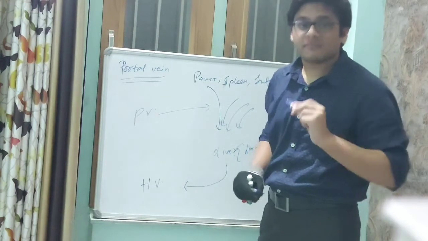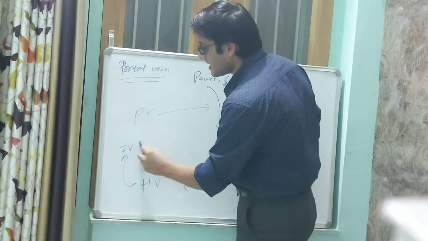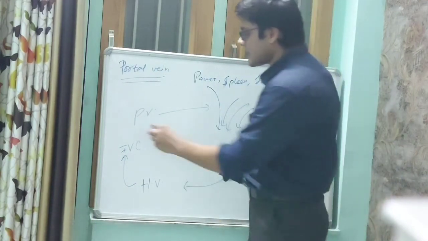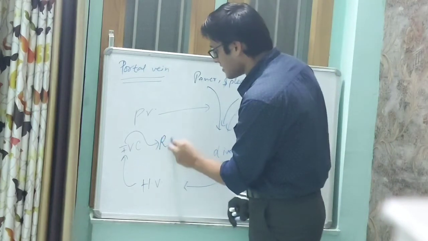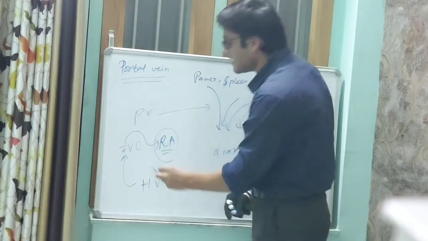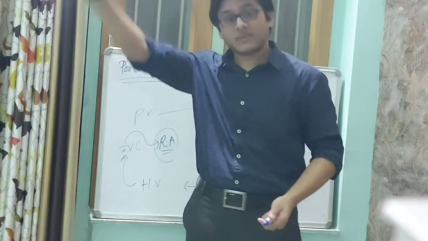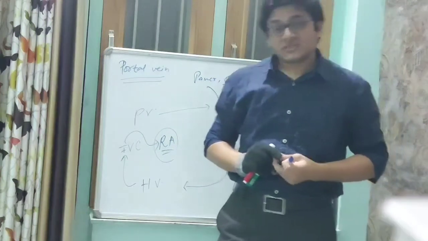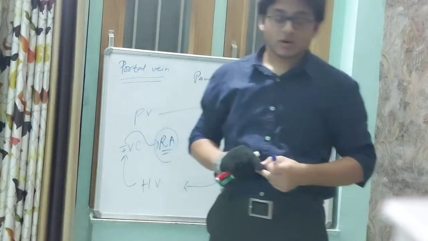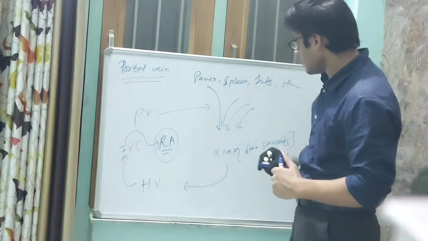These hepatic veins then drain into the inferior vena cava, and the inferior vena cava drains its deoxygenated blood into the right atrium, and from the right atrium it is transported to the lungs, and from the lungs oxygenation occurs and it comes to the left ventricle, and from there the oxygenated blood is transported to the organs. So this is how it all works.